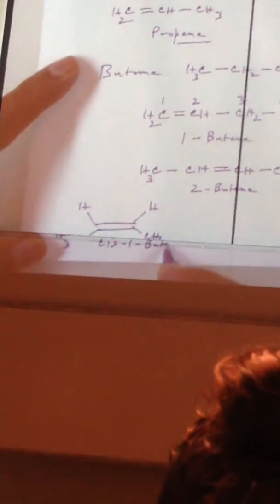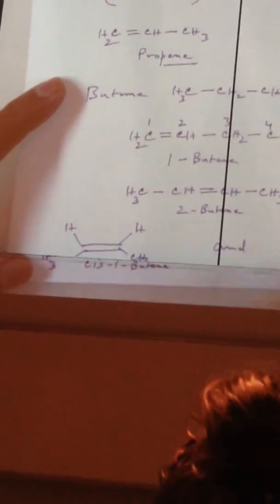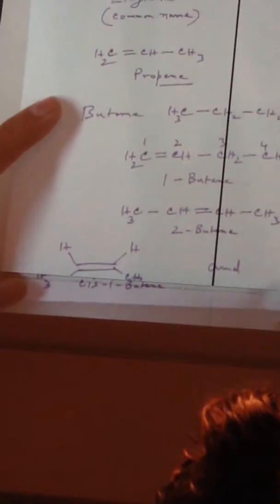Obviously, we also know that between 1-butene and 2-butene, they're constitutional isomers.